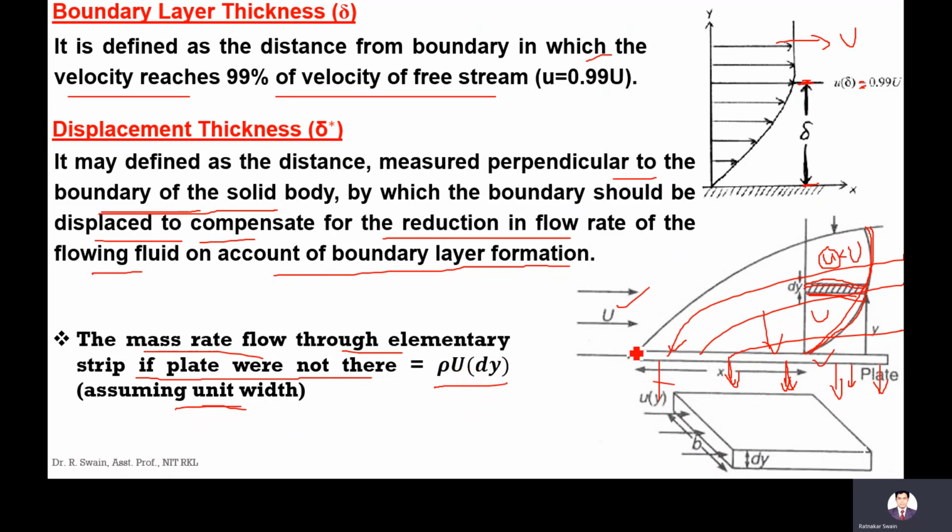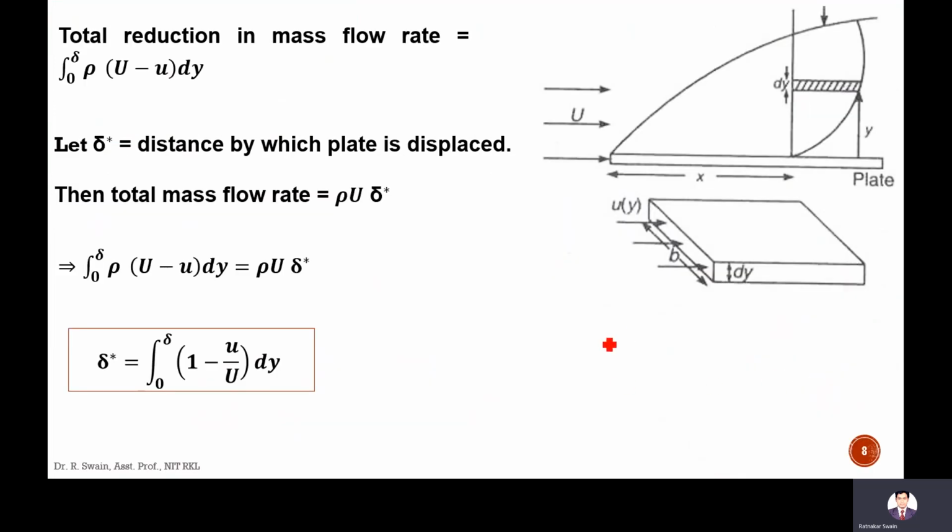So this capital U I consider if there is no plate. Due to the boundary layer formation, there will be reduction in mass flow rate, because here the velocity is small u, not capital U. So the reduction will be capital U minus small u into rho into dy.